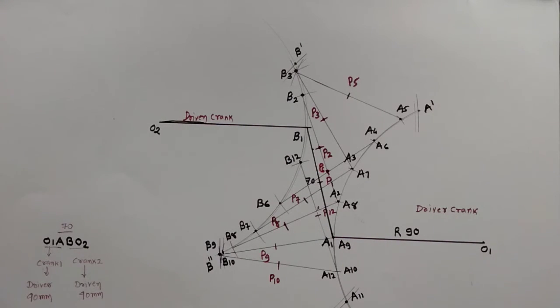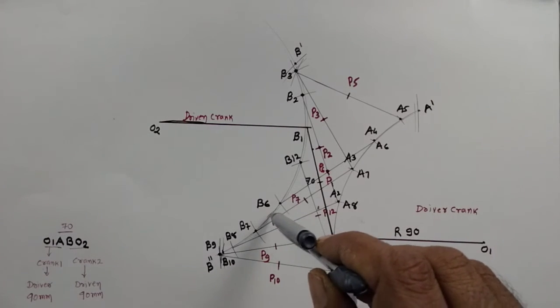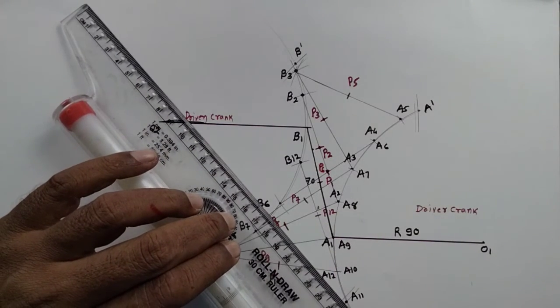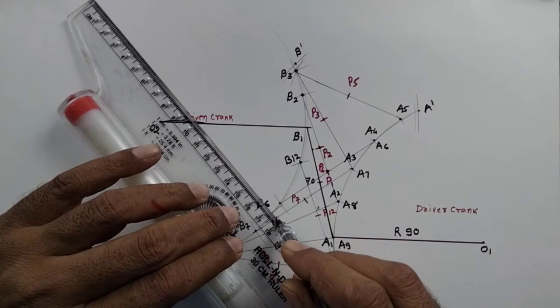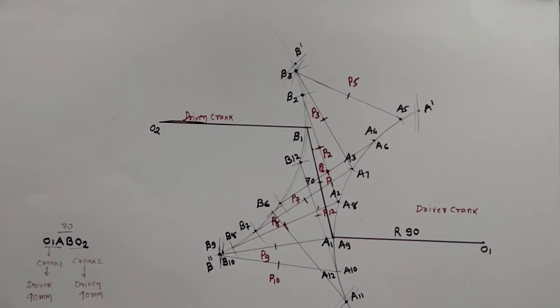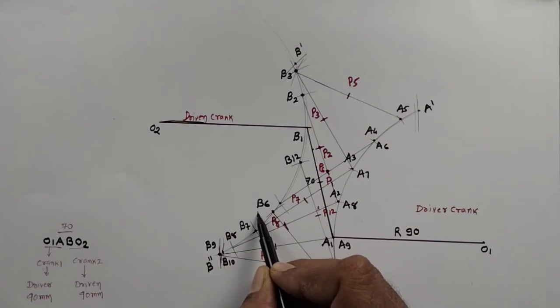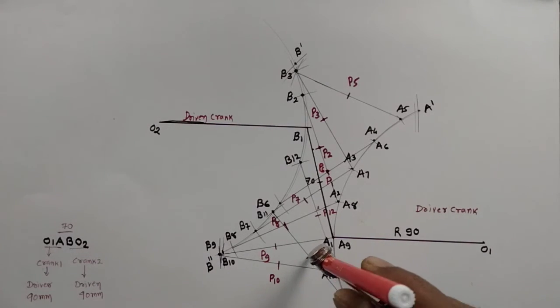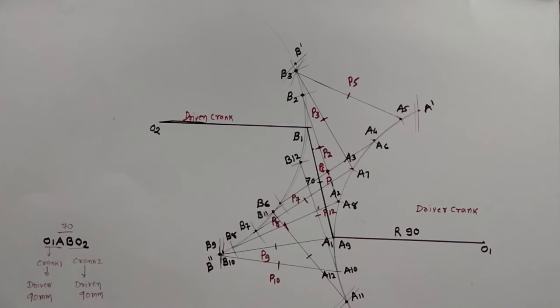From 11, your crank is moving in the upward direction. Choose your A11 and draw the arc on top. You connect your A11 and your B11 point. This is my B11. Then I go for P11. So A11 center, I draw the arc. This is our P11 point.